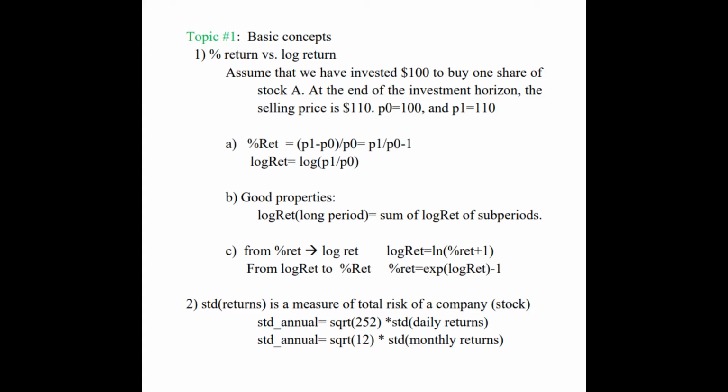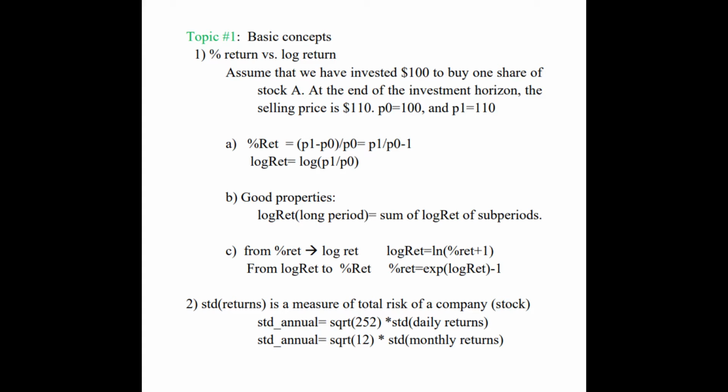There are some good properties for the log return. The log return of a long period is simply the summation of log returns of short periods. For example, the annual log return equals the summation of 4 quarterly log returns. The quarterly log return is simply the summation of monthly log returns.